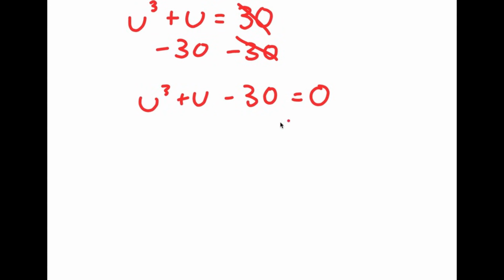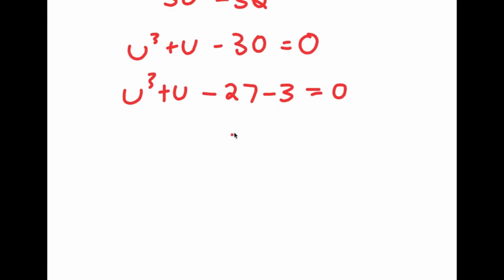Now we have an equation here, and we need to find what value of u makes this equation equal to 0. So what I'm going to do to start is rewrite 30 as 27 plus 3 with a negative sign, that is, negative 27 minus 3. The reason I did this is because 27 is the same thing as 3 to the power of 3.